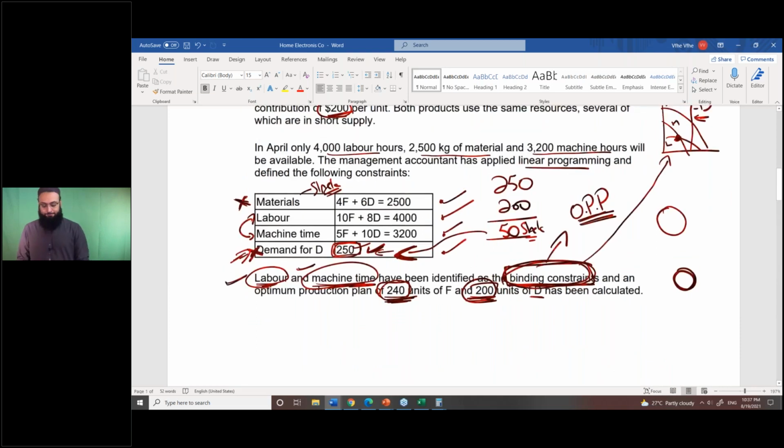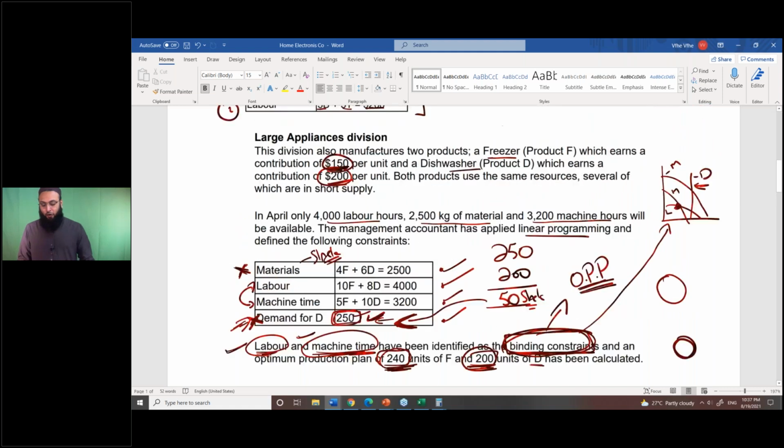The contribution for F is 150 multiplied by units 240, plus 200 contribution multiplied by 200.